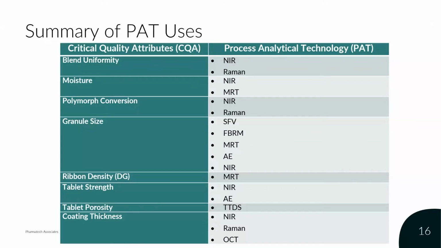Obviously, design of experiment processes use some advanced multivariate statistical analyses to ascertain or understand which variables are the most critical and how these variables affect each other. In the next slide, I want to look at some of the common statistical methods that have been used during the implementation of process analytical technology.